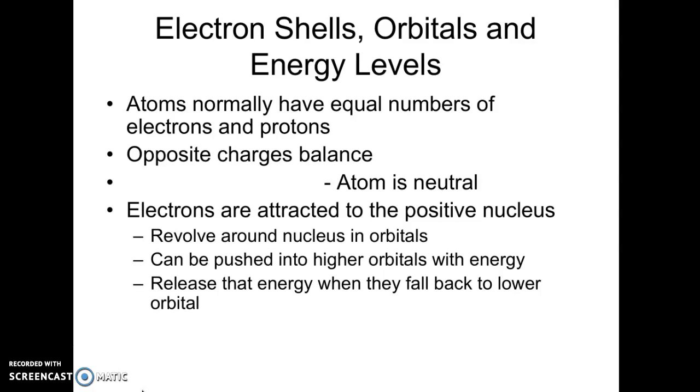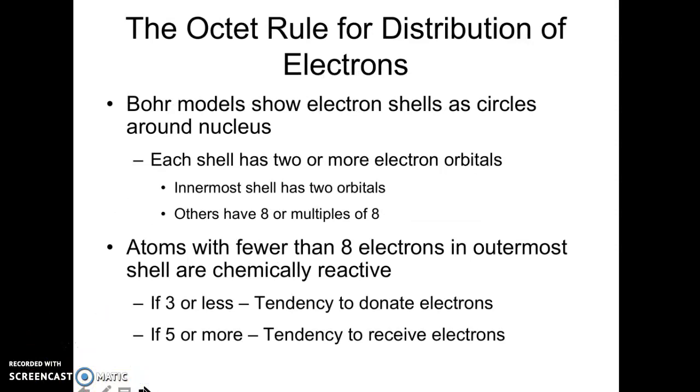Now, electrons are attached to the positive nucleus, but remember, they're revolving around that nucleus in orbital shells, and they can be pushed to higher orbital shells with energy, and when they release their energy, they fall back to one of the lower orbitals. We have a rule that we call the octet rule of distribution of electrons, and we usually use what's called the Bohr model, which I'll show you in a moment, to show the electron shells as circles around the nucleus.